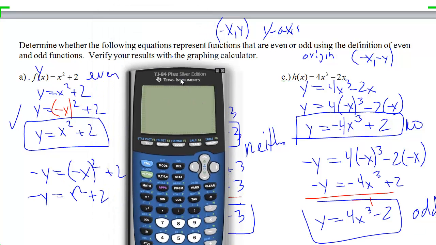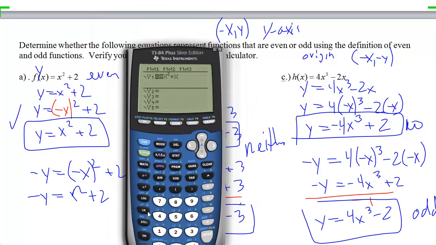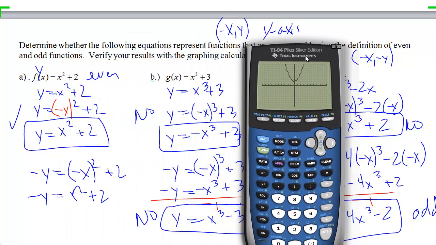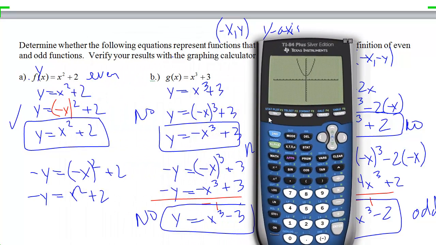And let's verify all three of these quickly with a graph. And so x squared plus 2. We said this was an even function, so it should be symmetric about the y-axis. And indeed it is. It's our parent quadratic that's just been shifted up 2 units. We'll mention that because we're going to head into transformations here shortly.